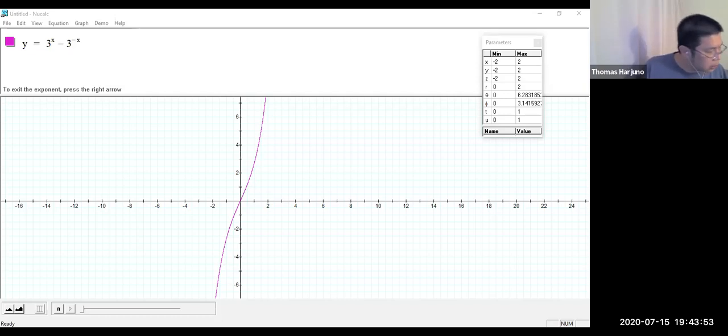By the way, exponential function is the type of function that is used a lot in science. So if you're in chemistry, biology, physics, of course math, you will see a lot of exponential functions.